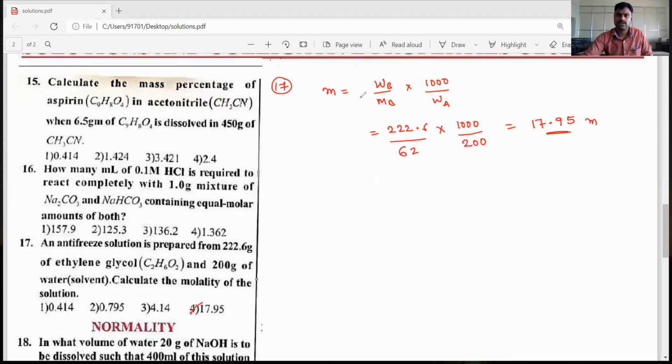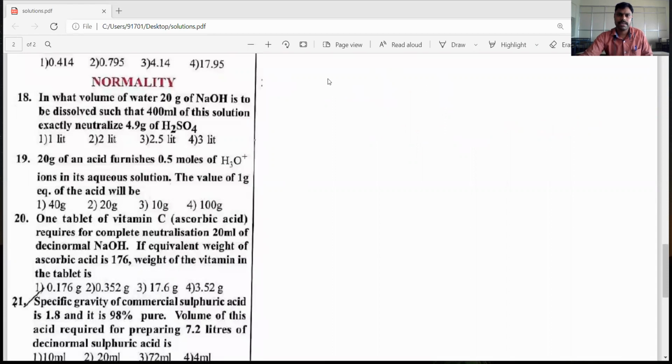Okay, let's go for the 18th question, dear students. What is the given 18th question? What is the volume of water? We need to find the volume of water.